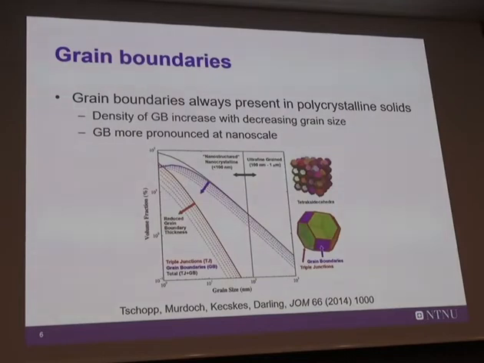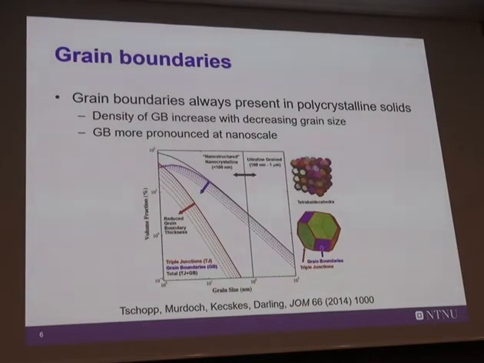Then we go to grain boundaries, which I said are quite common, and grain boundaries are always present in polycrystalline solids. One thing which is quite obvious, I guess, is that if you reduce the grain size, the density of grain boundaries increases.